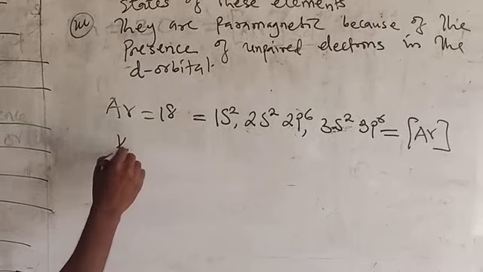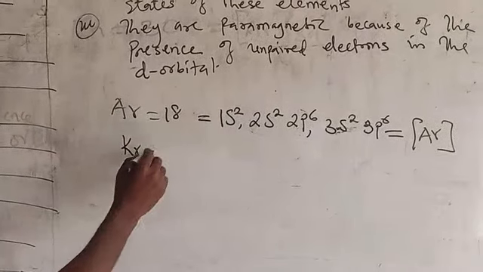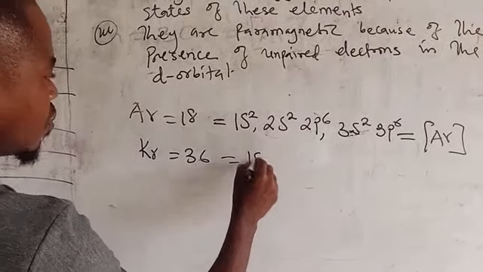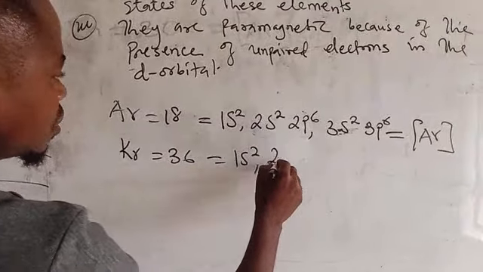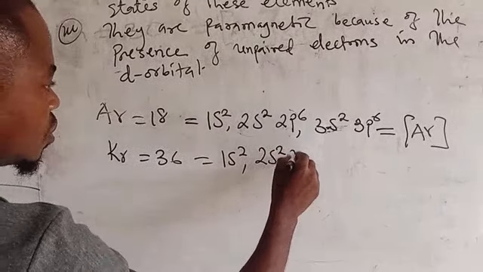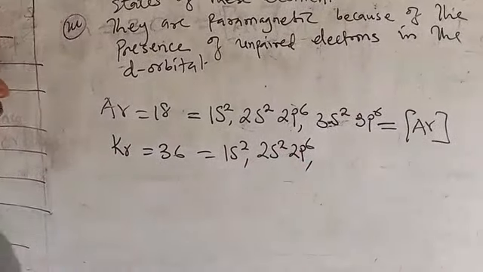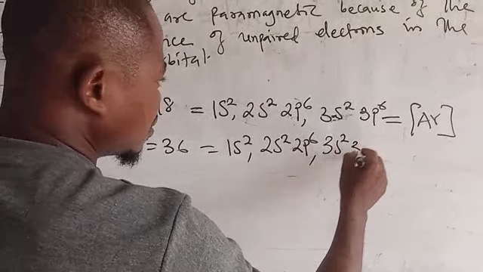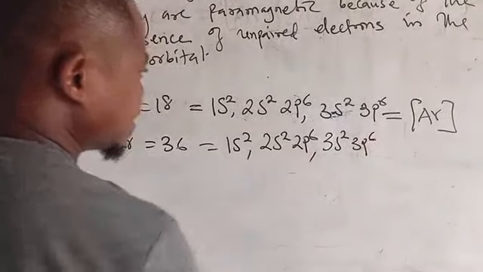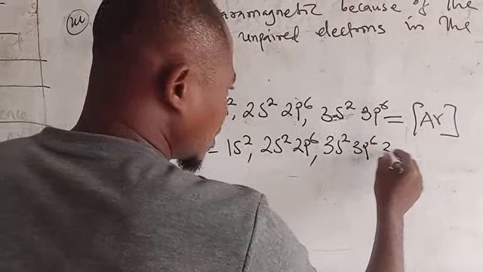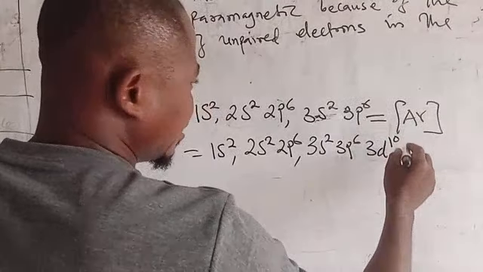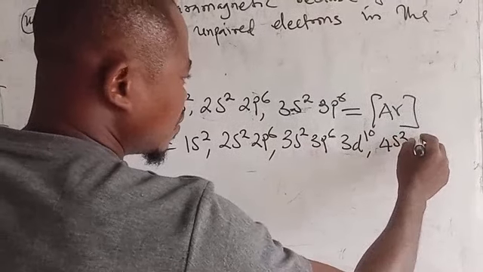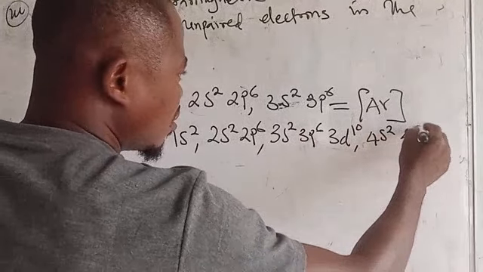Another noble gas is krypton. Krypton is 36. We're going to have 1s2, 2s2, 2p6, 3s2, 3p6, 3d10, 4s2, and 4p6.